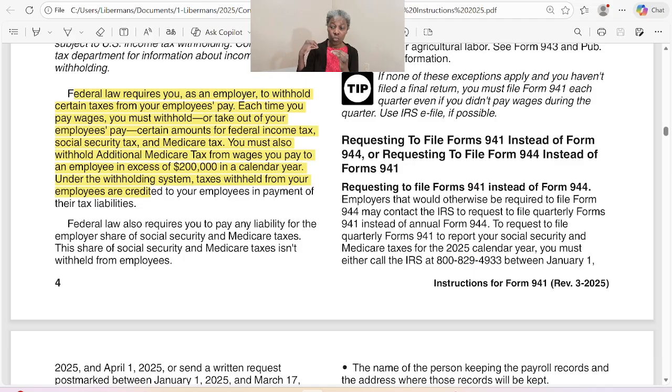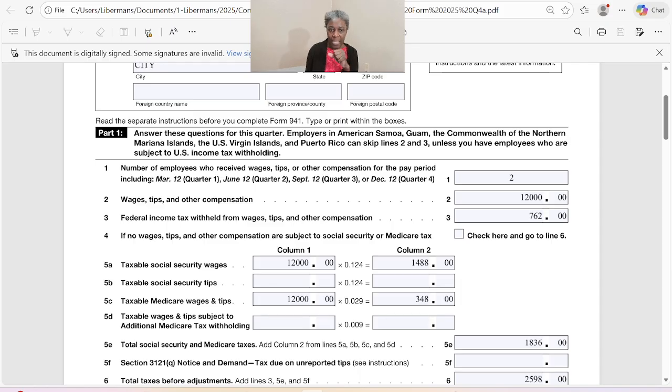Your business is going to pay its portion of that regular Medicare tax, and then you are going to withhold an additional Medicare tax from that employee's wages. So if we go back to our tax form, that is that additional that they are talking about here.